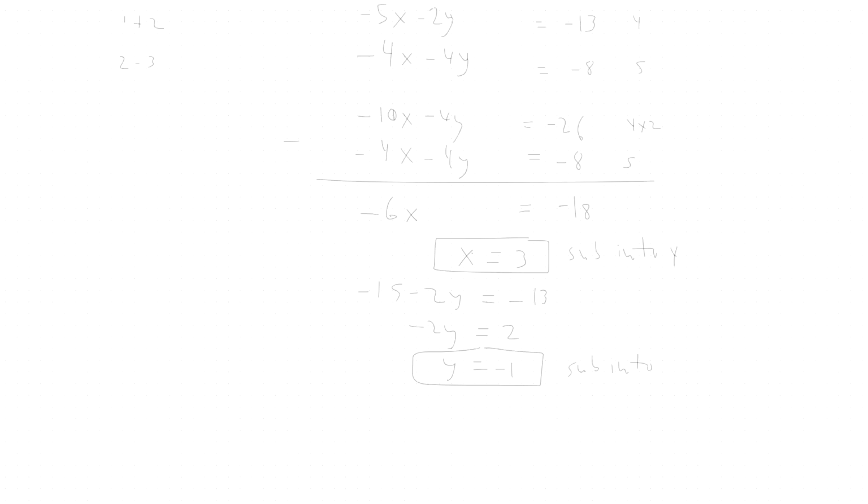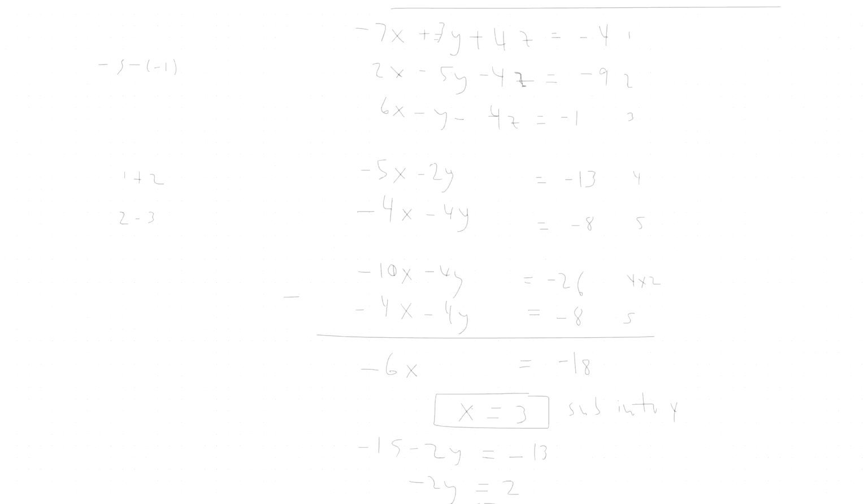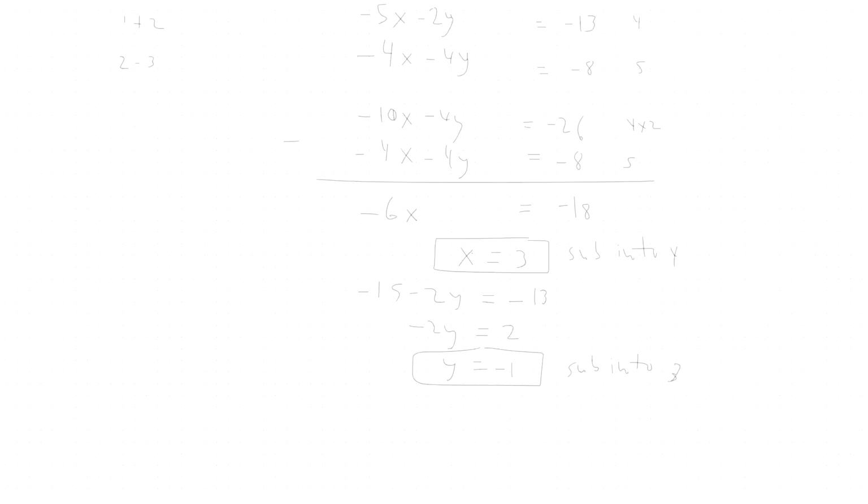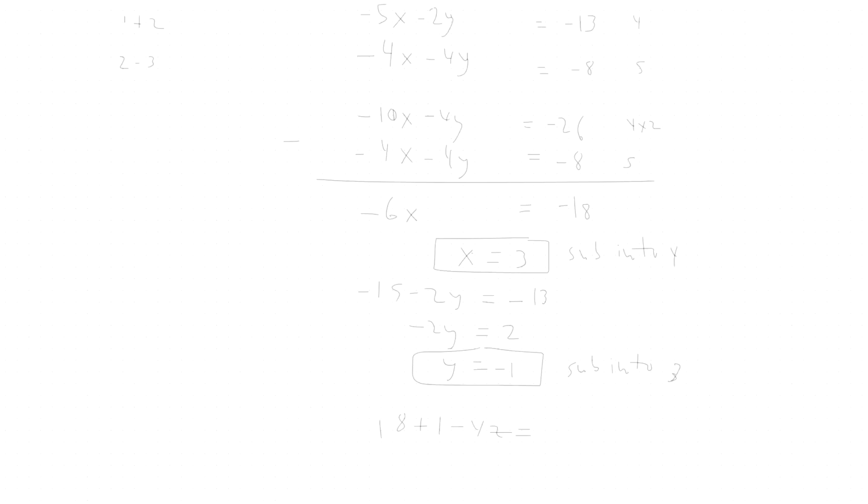Now sub those into one of the first 3 equations. So sub into, say, 3. 6 times 3 is 18, minus y, minus -1 is plus 1, minus 4z equals -1. 18 plus 1 is 19.